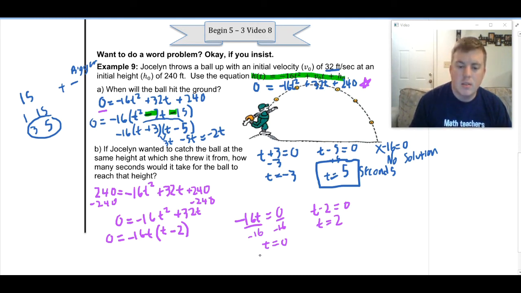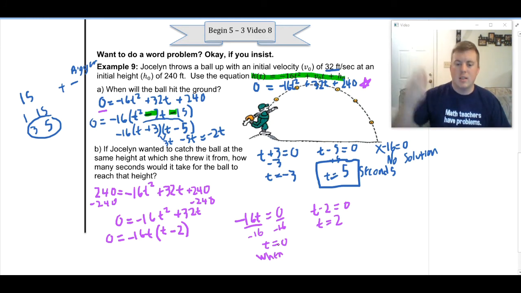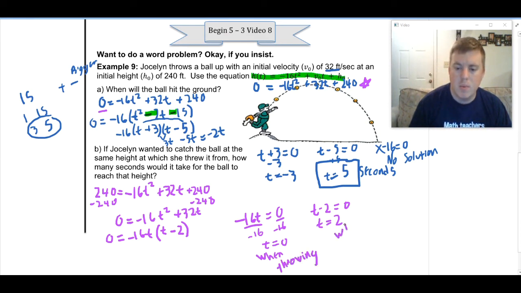The 0 is when she threw it, because when she's just launching it, no time has passed at the very second she's throwing it. Our 2 is when we are catching. So our final answer is going to be the 2 seconds. We want that second time, where the ball is going up and then coming back down.